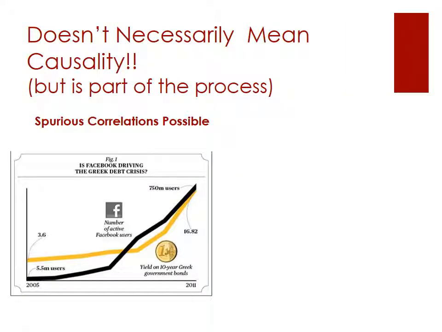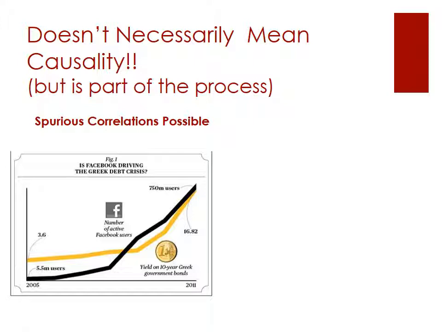In terms of looking at causality, it's also really important to pay attention to spurious correlations that can possibly be made. So here we can see an actual correlation from 2005 to 2011 looking at the number of active users on Facebook, and we also see that the Greek debt crisis was also climbing.